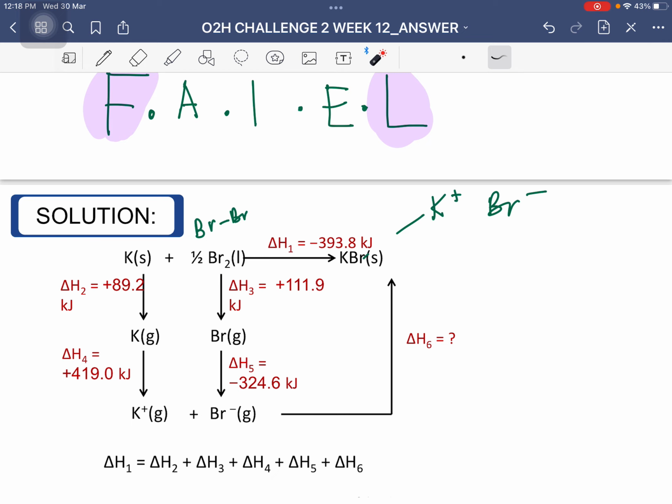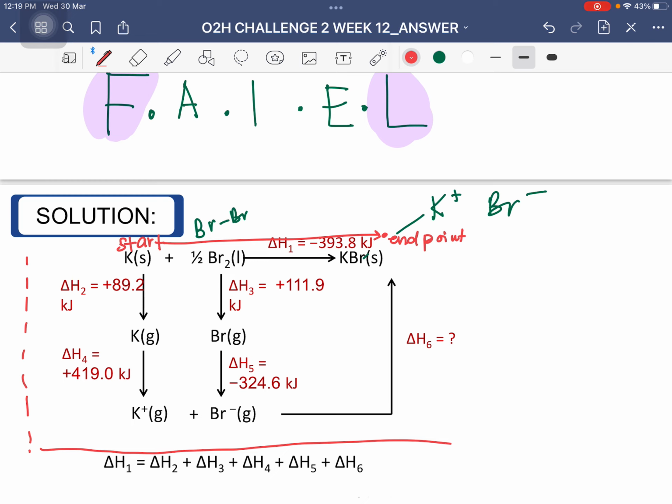Okay, next is kita nak cari this one. So we are using this route. Okay, so our route, this is our starting point. We'll start here and you will go and reach here. That is your end point. Your end point is the KBr. Alright, so the alternative route is from the same starting point, and then we go here and going up.